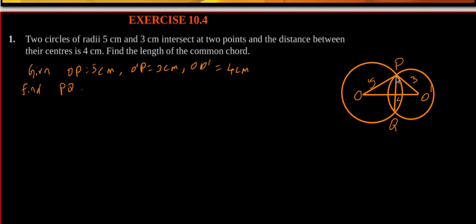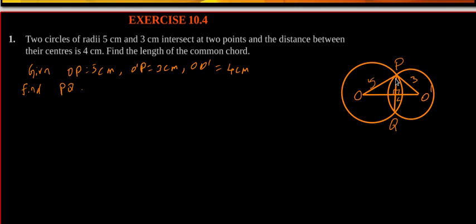We know very well that the line drawn through the centers of the circles is the perpendicular bisector of the common chord. It will make 90 degrees, as well as bisect the chord.